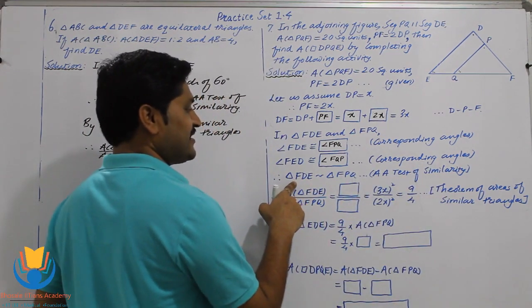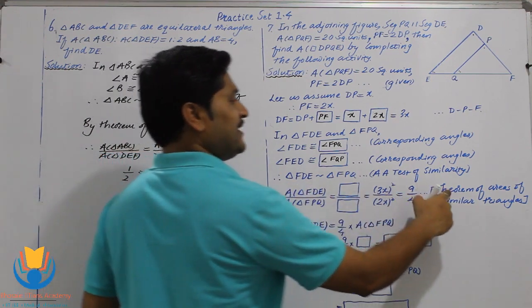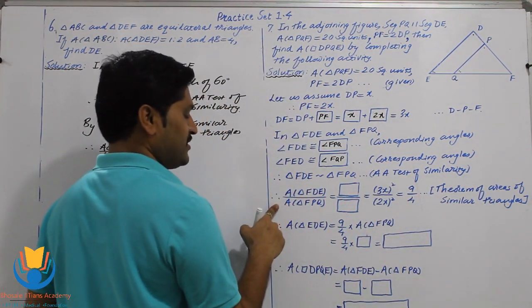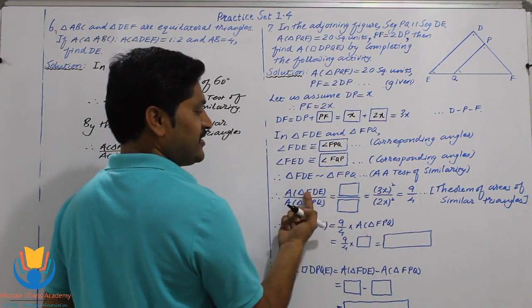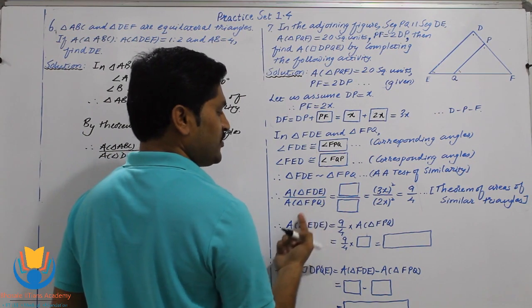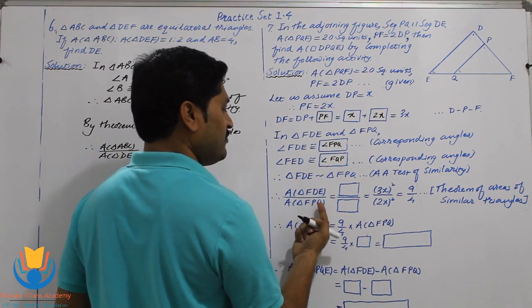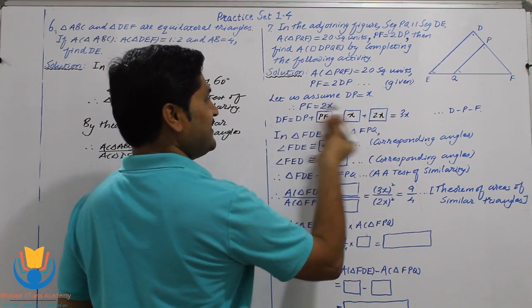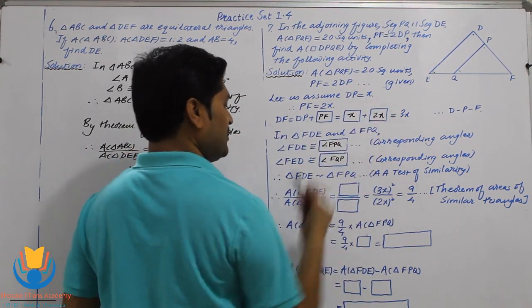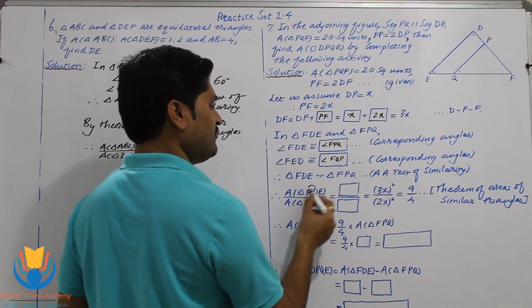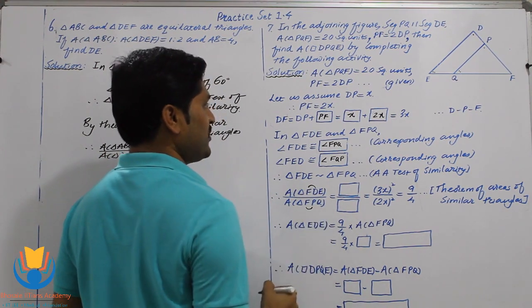Once the triangles are similar, we can use the theorem of areas of similar triangles. They have already taken that ratio, which is equal to either FD square upon FP square, or DE square upon PQ square, or FE square upon FQ square. But we have the lengths of DF and DP, so here we put FD square upon FP square.